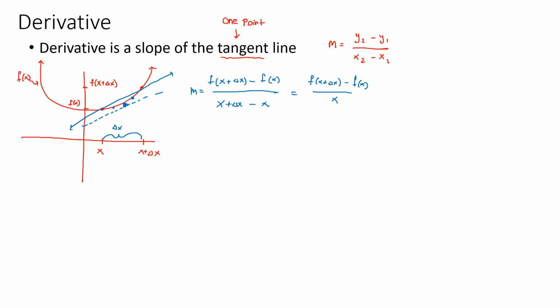And that concept is known as a limit that we learned in the last chapter. So as limit of delta x approaches 0, again, delta x was a distance. As these two points get closer and closer, eventually approaching 0, the slope of that equation will be the derivative.